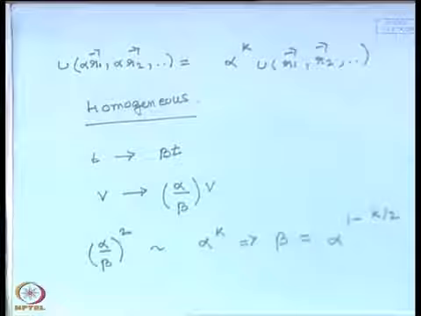So if I scale my lengths in one way and my time in a different way, given over here, then the Lagrangian will just be multiplied by a number, and I will get back the same Lagrangian and the same equation of motion. The equation of motion is going to be unchanged.